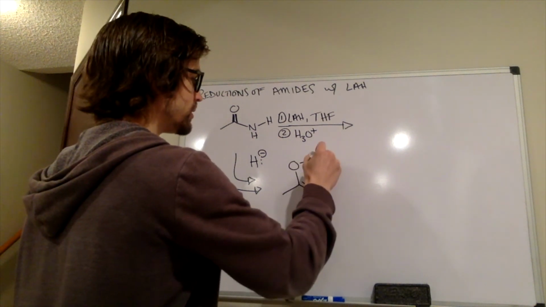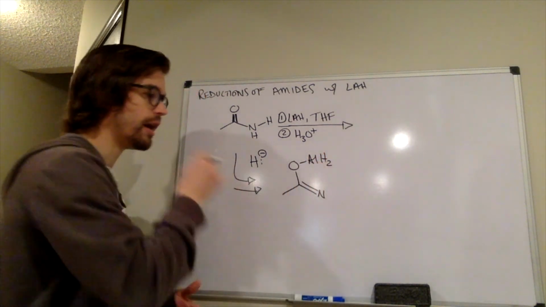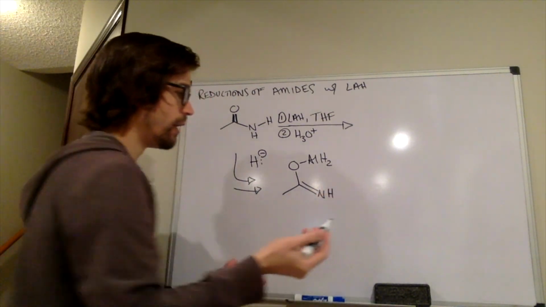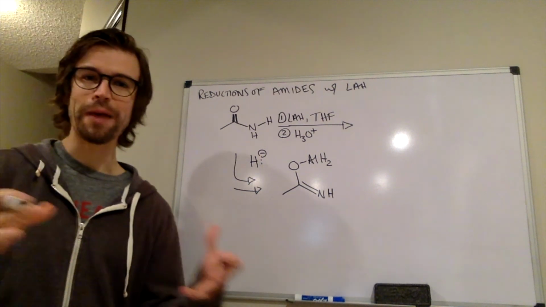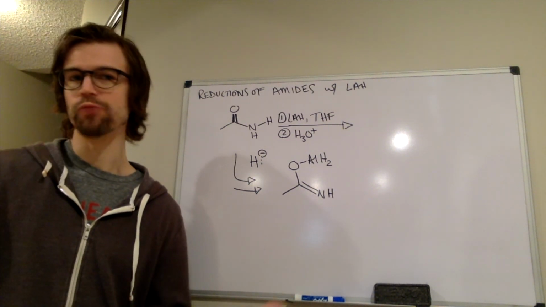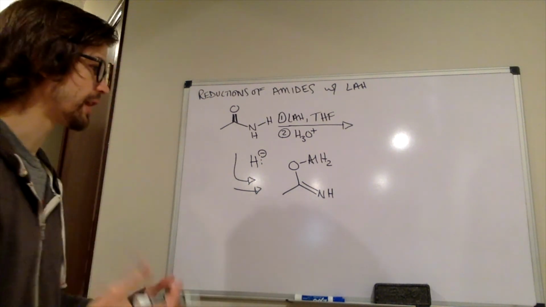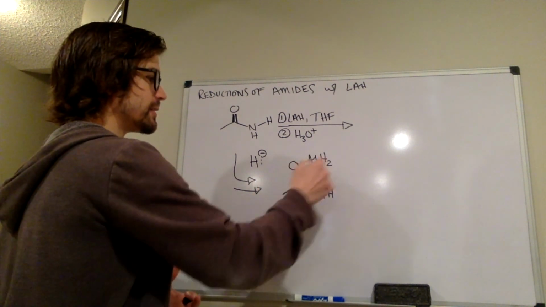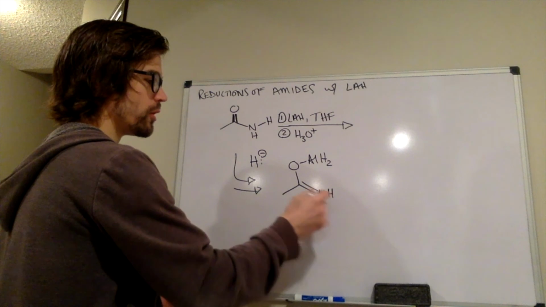It forms a pretty strong bond, and this full mechanism is in your textbook, so I would recommend, if you're interested, to check that out. But for both carboxylic acids and amides, this is going to be the leaving group.